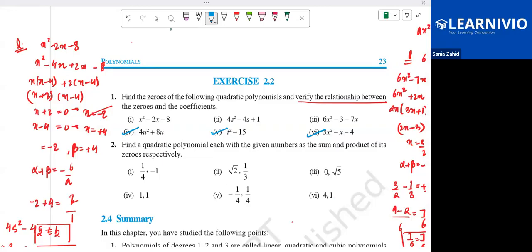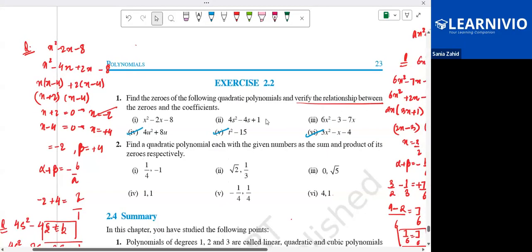Yeah, I did it now. Completed? Okay, so we will discuss the answers. First, it is 4u square plus 8u.